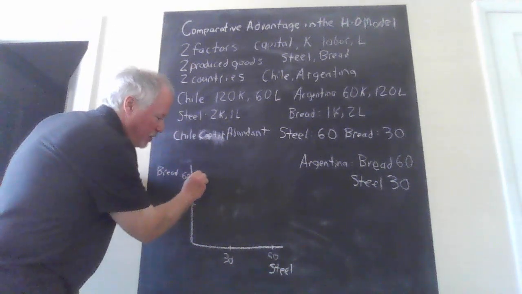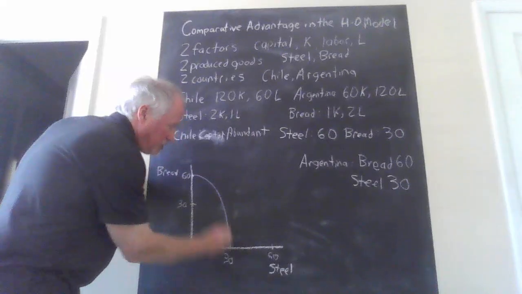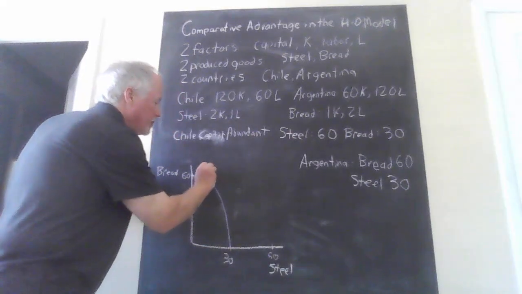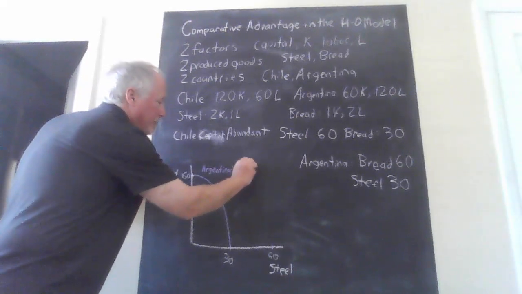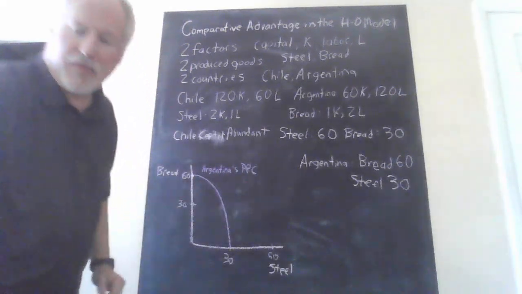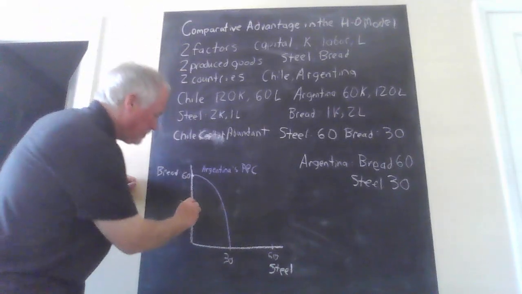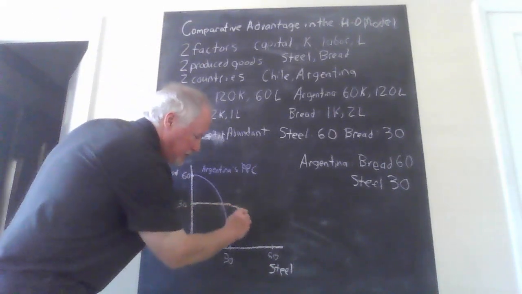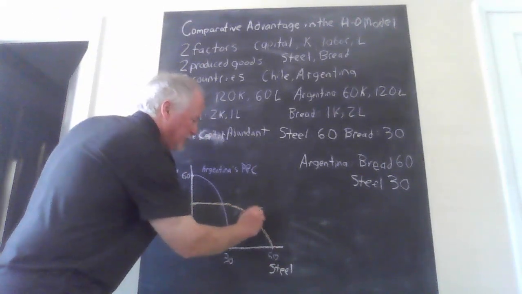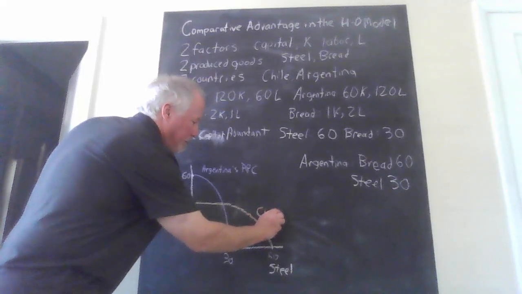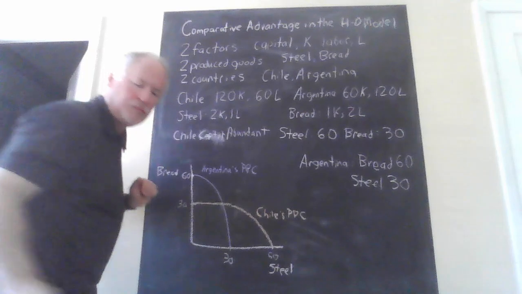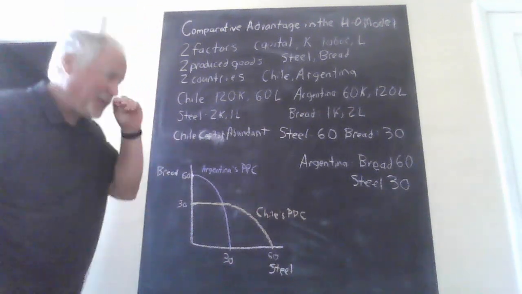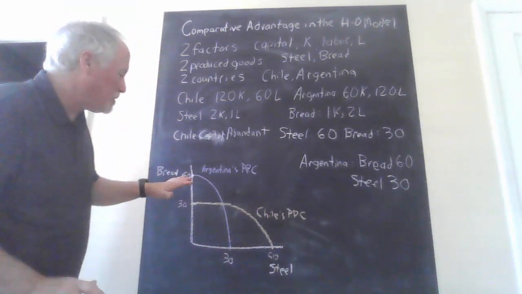So what we do is we draw this in, and then this would look like Argentina's PPC. And then we draw in here, and here is Chile's PPC. And they would end up being bowed in this fashion.